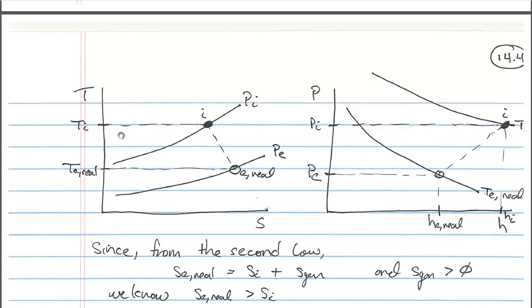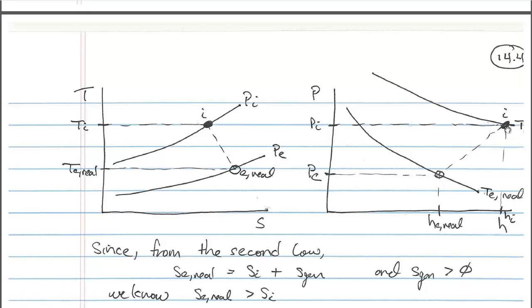And because I know from my TS diagram that the real exit temperature is less than the inlet temperature, I can draw my line of constant temperature for the real exit state lower than the line of constant temperature for the inlet state. Then I'll arbitrarily say that this is my inlet pressure, and so this is my inlet state, and this is my exit pressure, so that this is my real exit state.